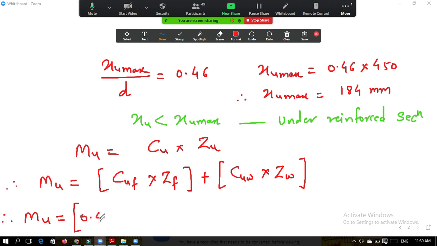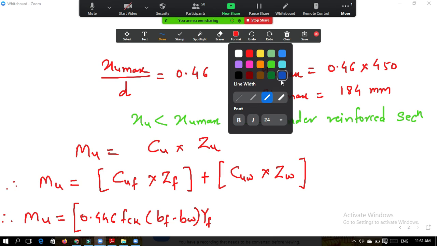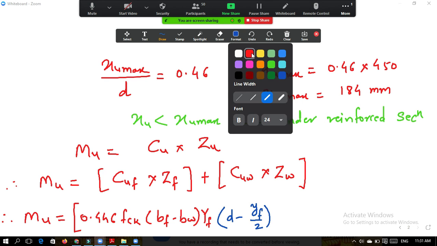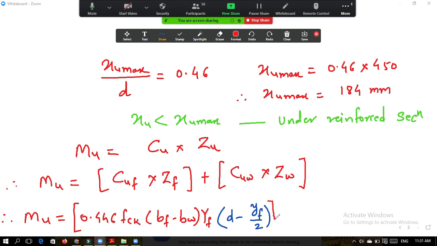It is 0.446 FCK (Bf minus Bw) into Df, not Df, here Yf, because we are in case number 3, into Yf. Now multiply this term by Zf. For Zf it is d minus Yf by 2. This is the formula.